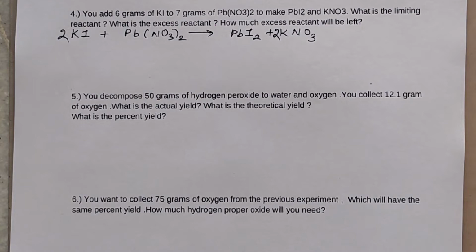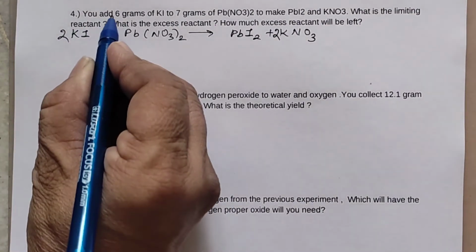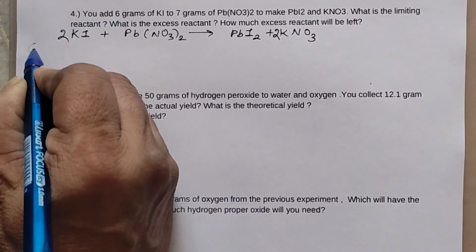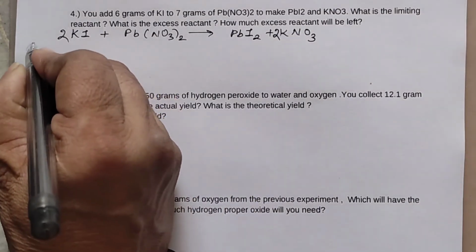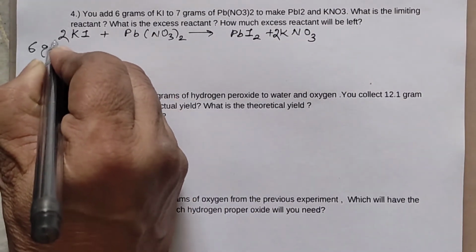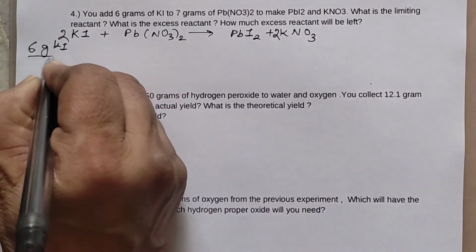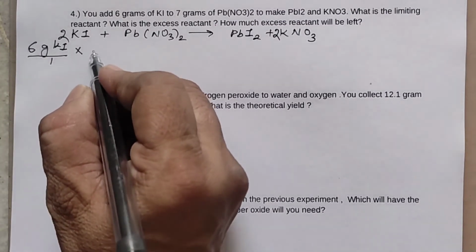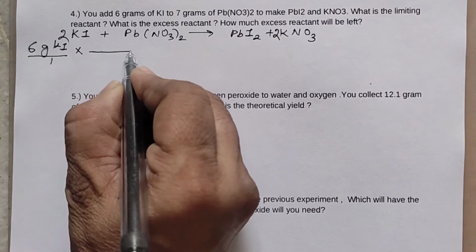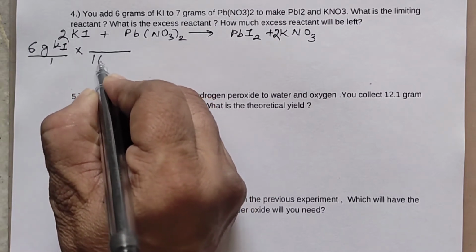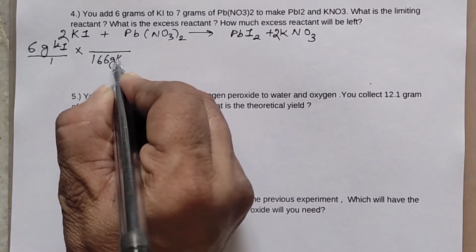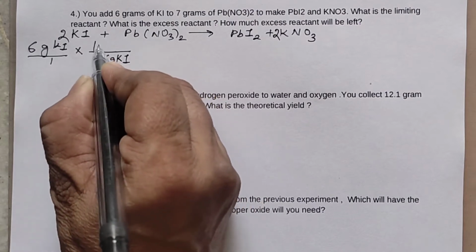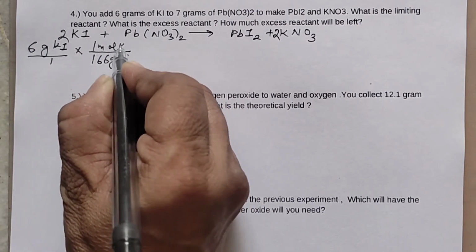So you go by the normal method: the grams of potassium iodide, that is 6 grams, by 1. Convert this weight into moles. Divide that by molar mass, that is 166 grams of potassium iodide, that is 1 mole of potassium iodide, right?